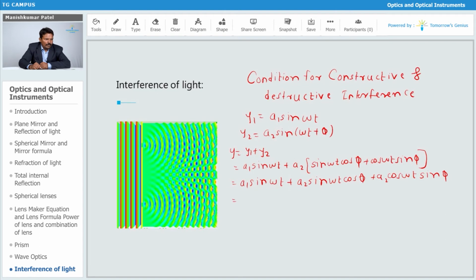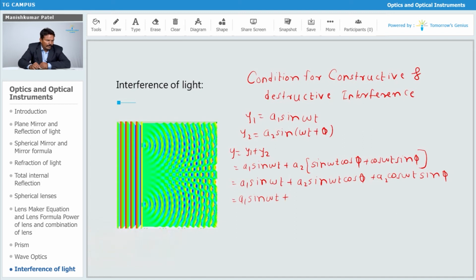Now what we will do over here: I can take cos phi common from this. So this is a1 sine omega t, and at the same time we can take a2 cos phi common.